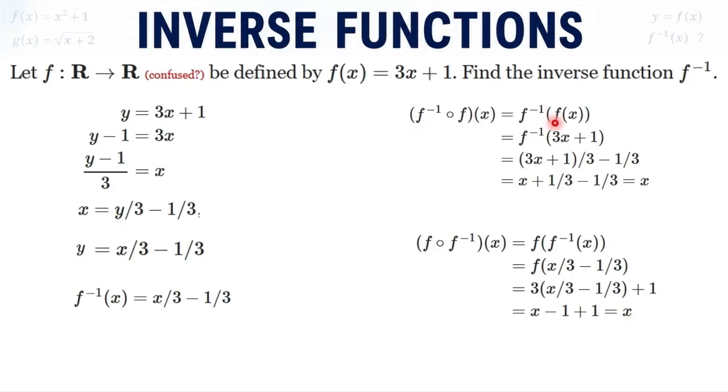Next, substitute the original function into the inverse function. If this composition also simplifies to x, then we know that the inverse has been found correctly. Whenever both compositions return the original variable, we have successfully found the inverse function.